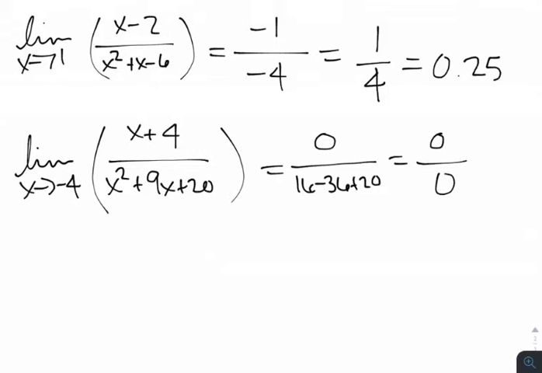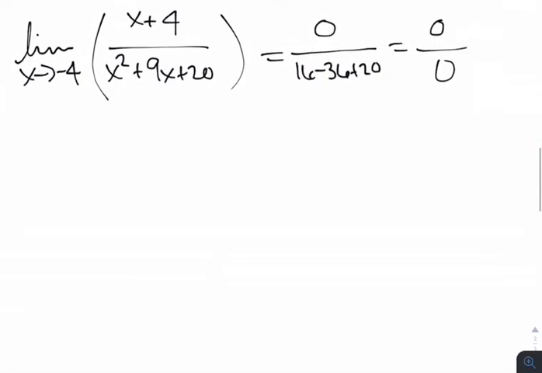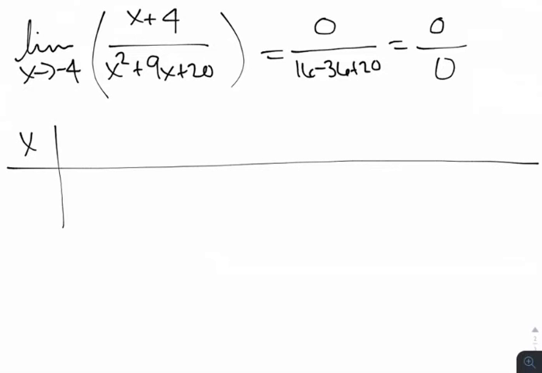So what do we need to do? We need to create a chart or a table to actually find out what the limit comes out to be. So what numbers can we use? Let's just use the ones that are very close to -4. So let's create our table. We have x on the top and f of x on the bottom.